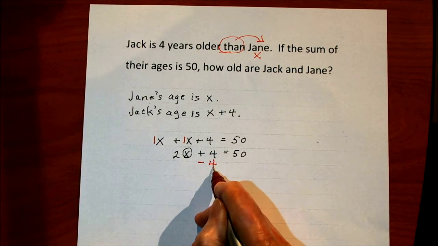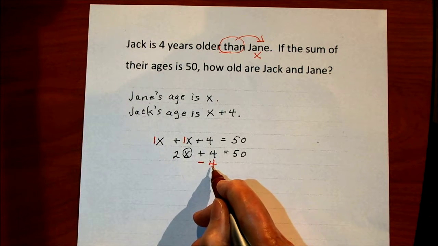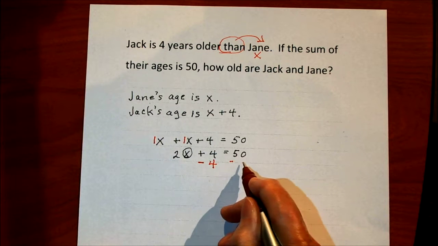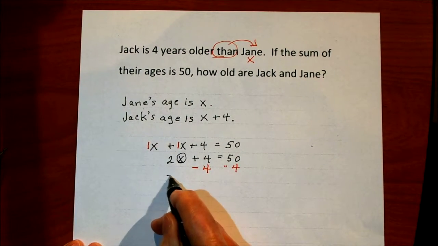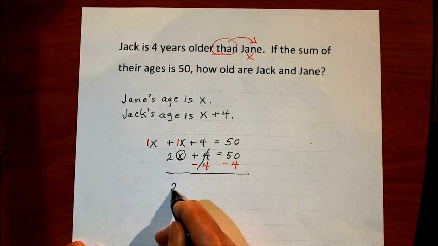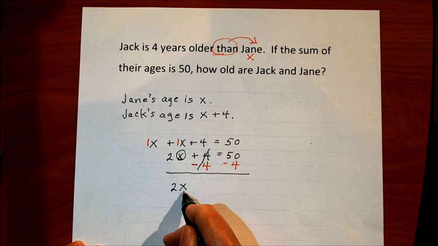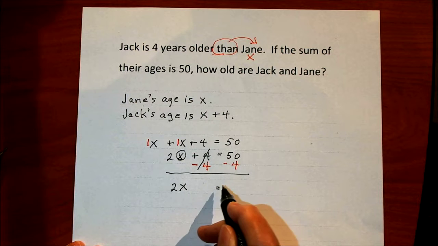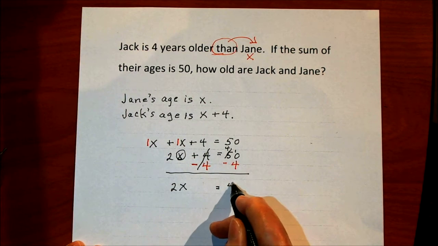And whatever we do to one side, we have to do to the other side to keep the equation balanced. So we have left 2x, which by the way means 2 times x, equals 46. Now, to get rid of the 2, we're going to do the opposite.